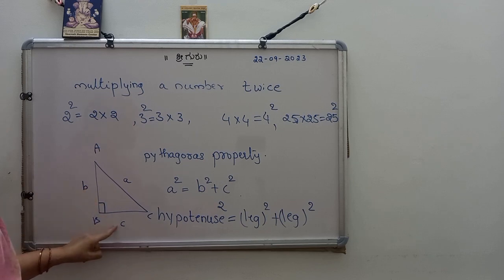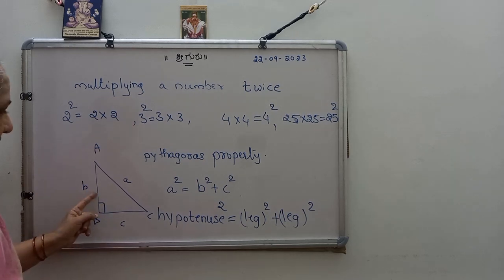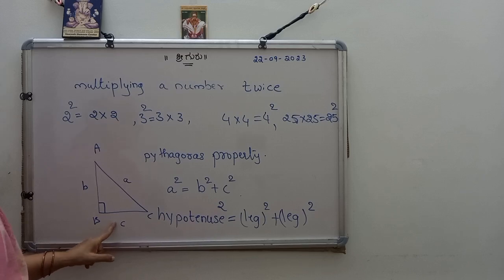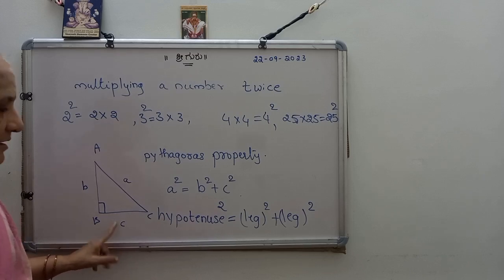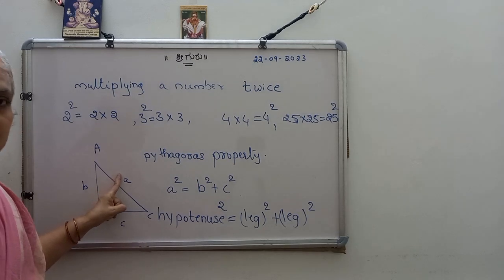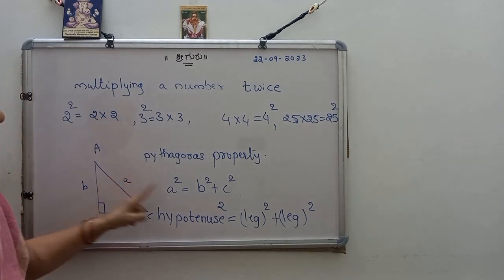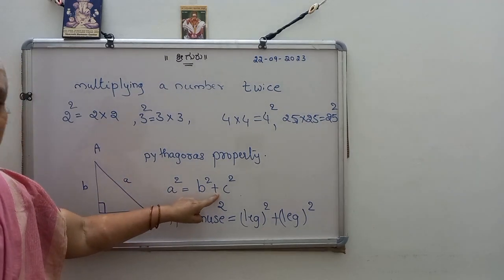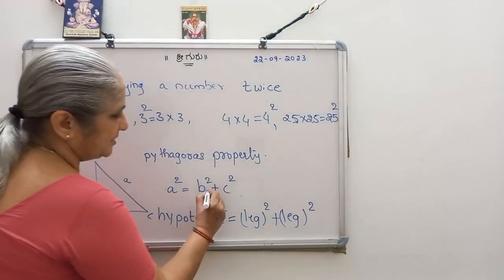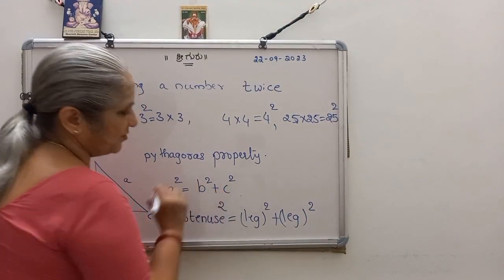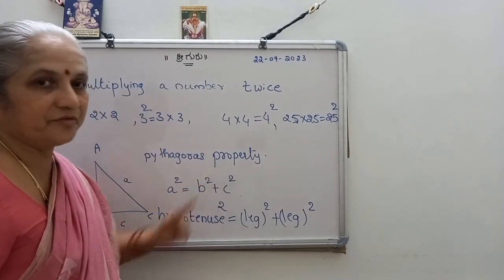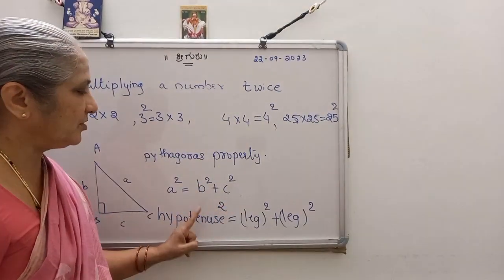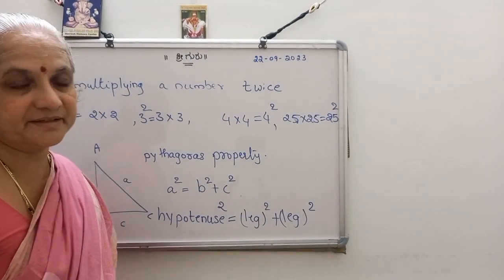And we know that they are the sides of the triangle. Pythagoras property says square of hypotenuse is equal to sum of squares of legs or other two sides.